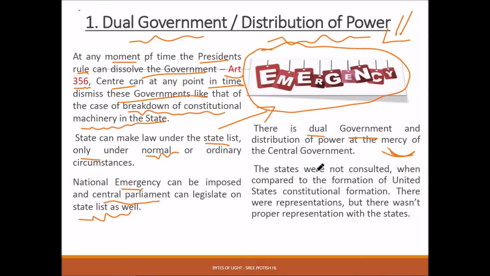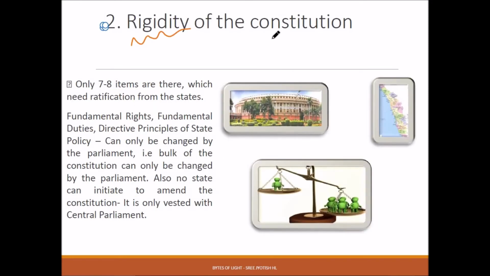This is because the states in India were not consulted, as the states in the United States were consulted during the constitutional formation. And so there is a difference of power between the center and the states when it comes to India.